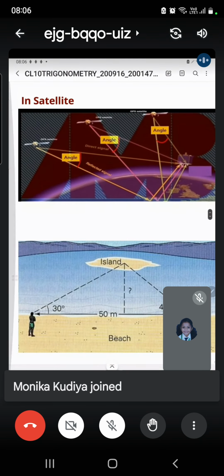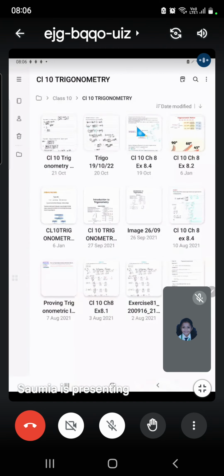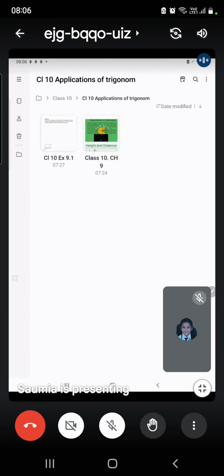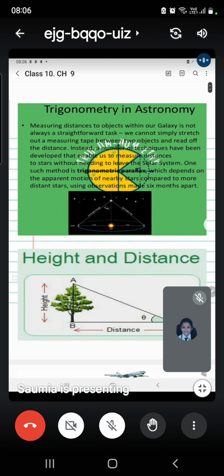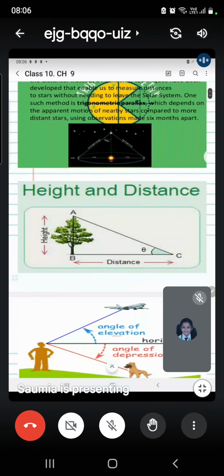Satellites also. So this was from the chapter on trigonometry. Trigonometry is also used in astronomy. When you want to measure the distance between two planets, you can't actually go there, take a measuring tape and measure them. So everything takes place through trigonometry.